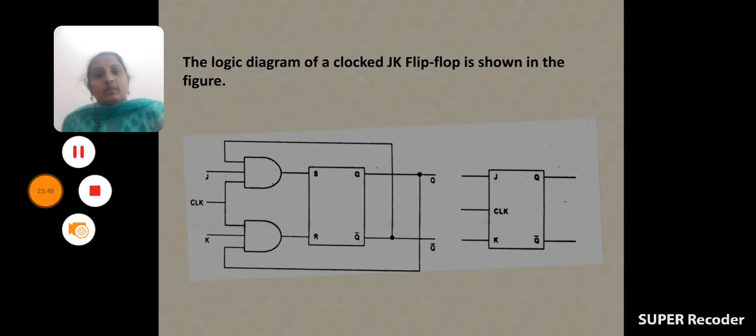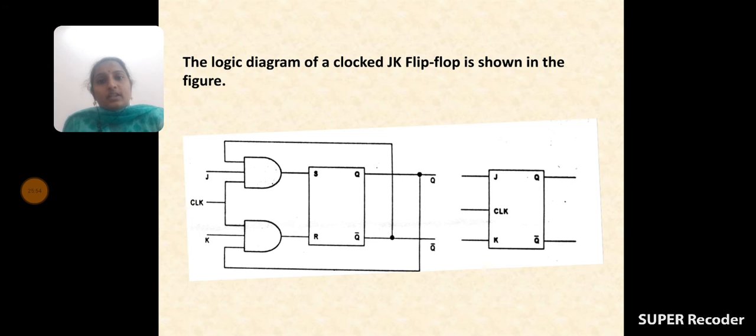Now this is the truth table of the JK flip-flop. The JK flip-flop has two inputs, J and K, and two outputs, Q and Q bar.